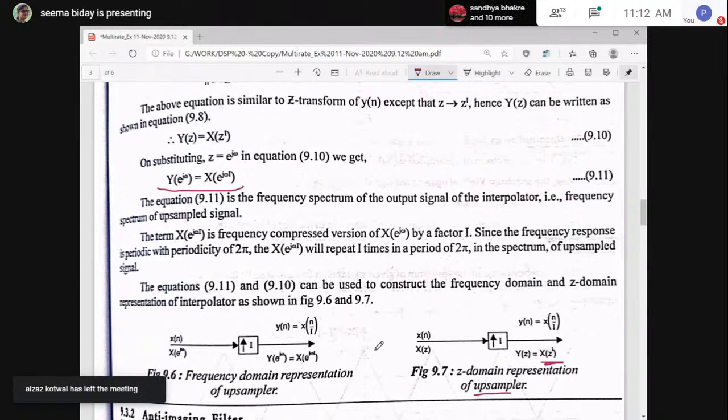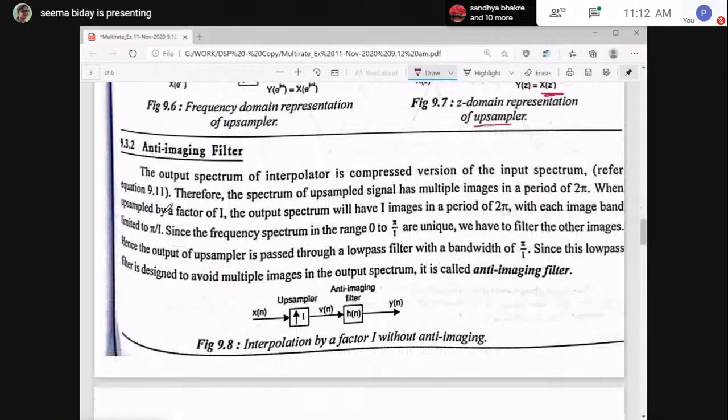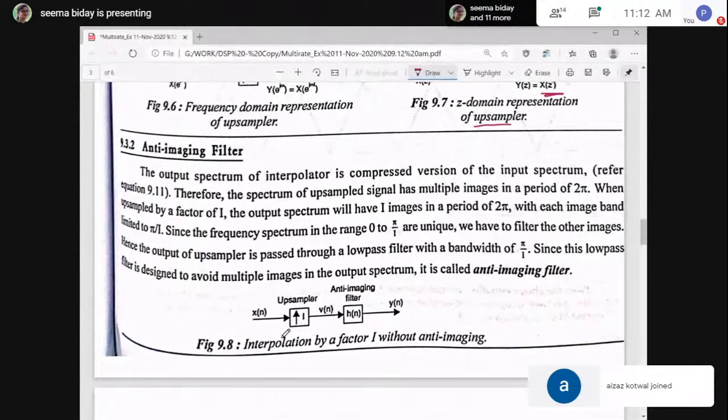Now this concept of anti-imaging filter also we have seen last time. So what is the need? Because we are getting multiple images or multiple spectrums.